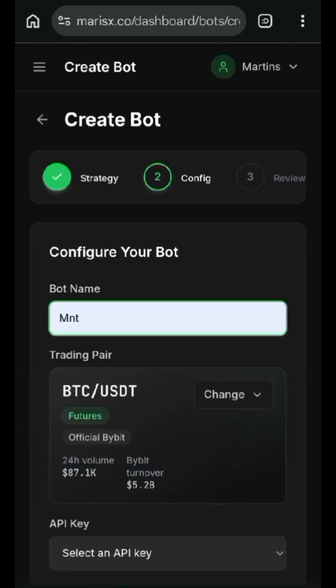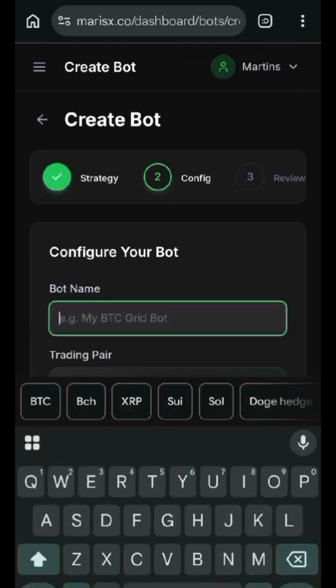My top four recommended coins is SUI, XRP, BCH, or LTC, that is Litecoin, right? You can use any of these coins. All right, these are my top four coins for hedge strategy. In fact, let me use one of them. Let me use SUI for this video.